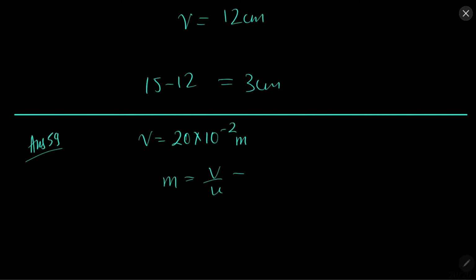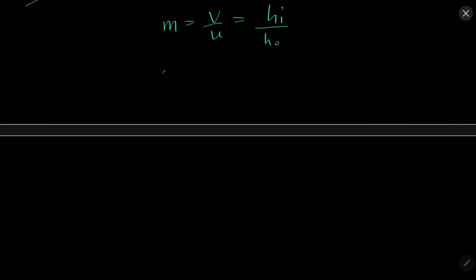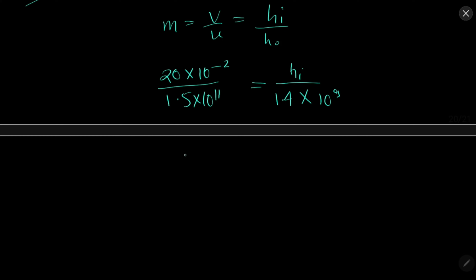M is v by u, height of image over height of object. 20 into 10 to the power minus 2 over 1.5 into 10 to the power 11, equal to diameter of image over diameter of object. From here diameter will come out to be 1.86 mm. So radius will be half, radius will be 0.93 mm.